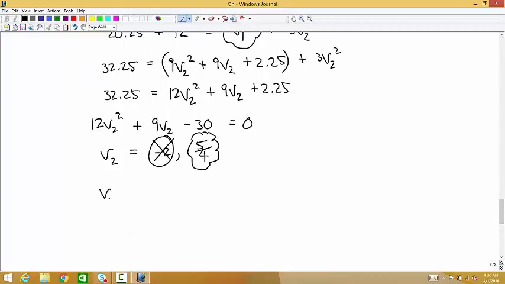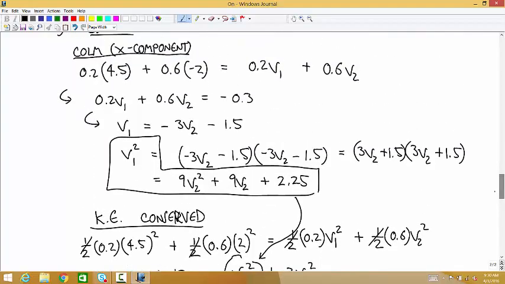So V2 after the collision is equal to 5/4, so 1.25 meters per second. V1 you can get by substituting back into this equation. So what do you get substituting here? It should be negative 5.25.